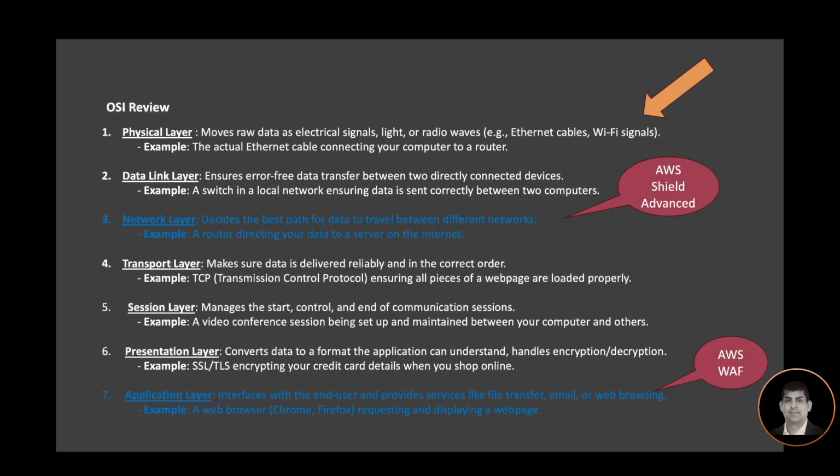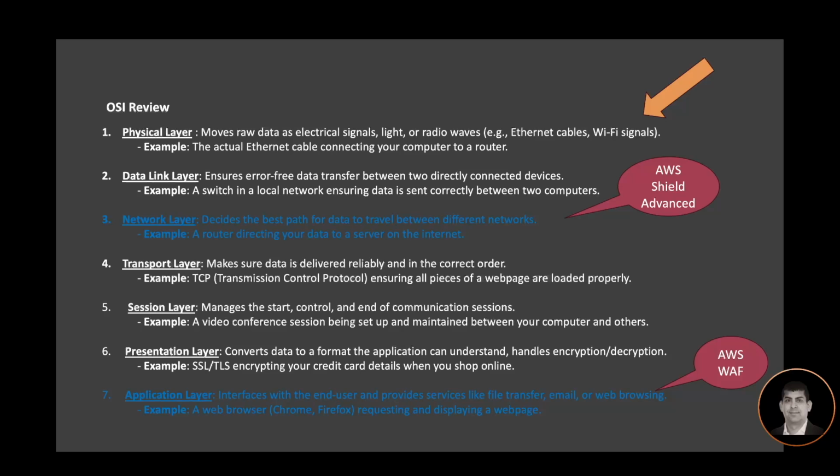Since we're talking about layer 7 and layer 3, I thought I'd provide a quick review of the OSI layers. If you are in the computer engineering field, you probably remember the OSI layers from your engineering classes. There are 7 layers, starting from the physical layer all the way to the application layer.